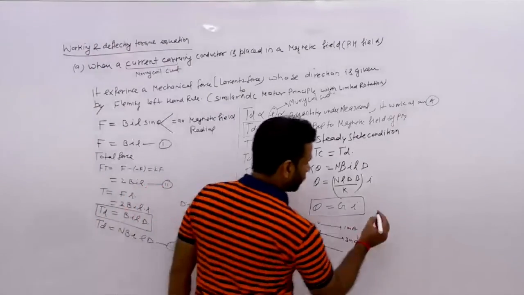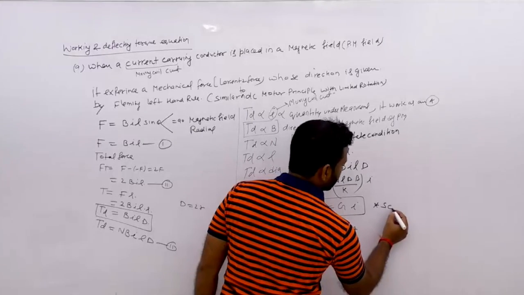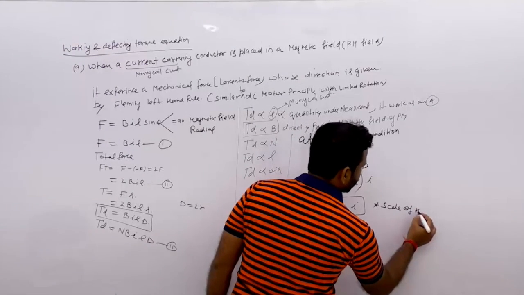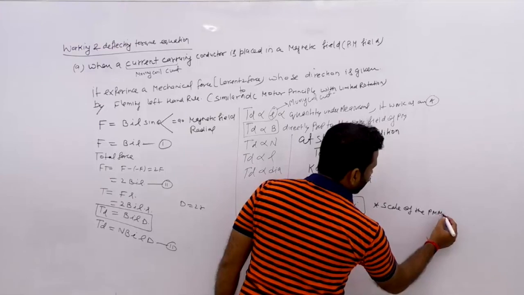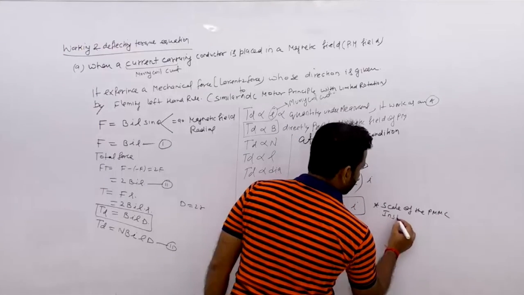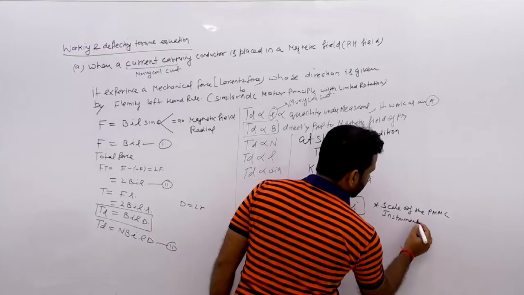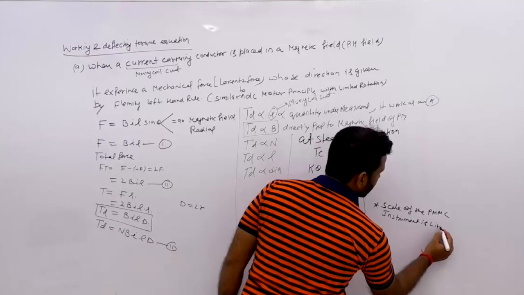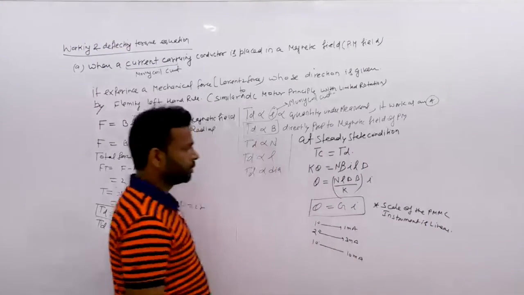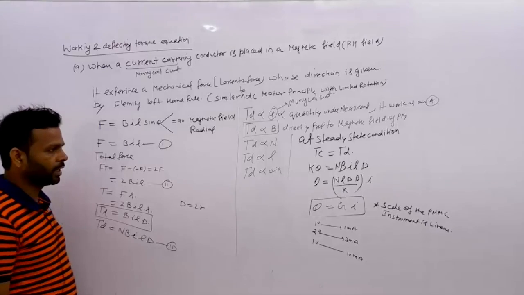So the next point of this instrument is the scale of the PMMC instrument is linear. Okay. So your PMMC instrument is having a linear scale.